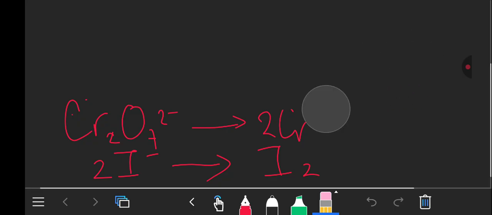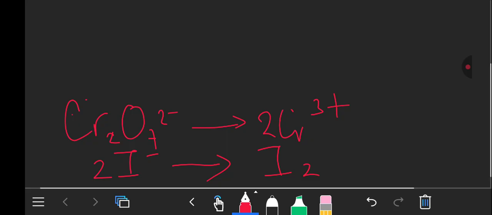Okay, so here is the tricky part which you just need to understand. We have these two reactions, one for oxidation and the other one for reduction. How do you balance these redox reactions?